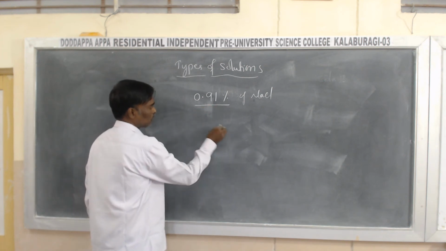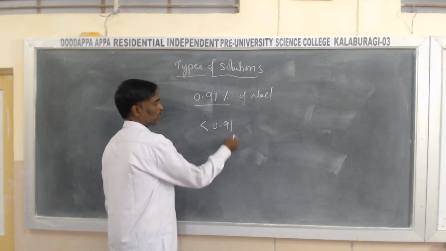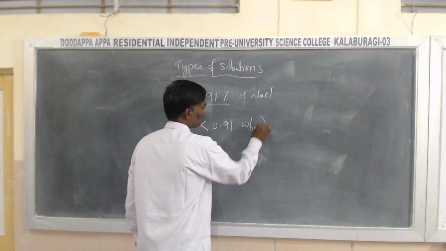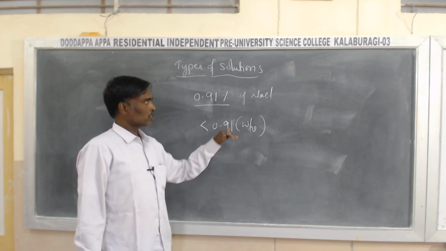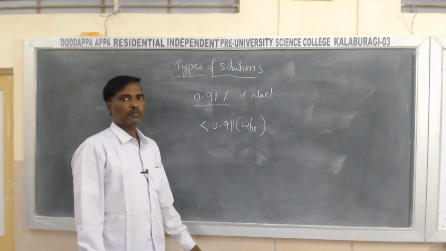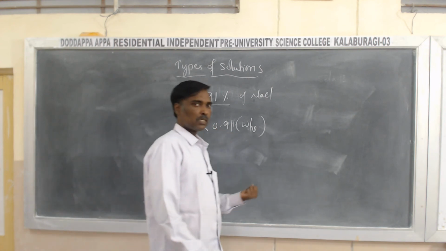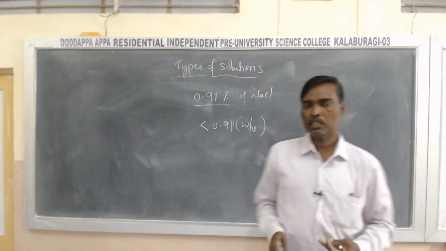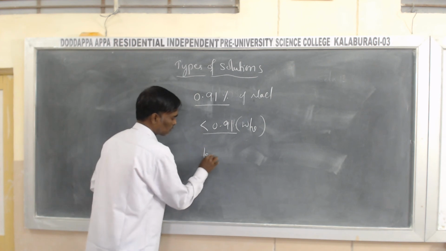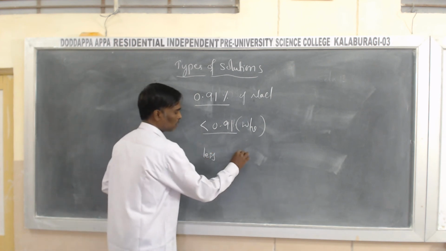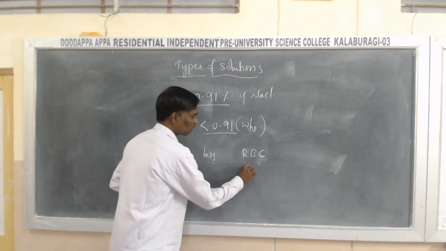If the concentration is less than 0.91, which is mass by volume percentage, that means when you use this saline water, the surrounding concentration is less, whereas in red blood cells the concentration is large.